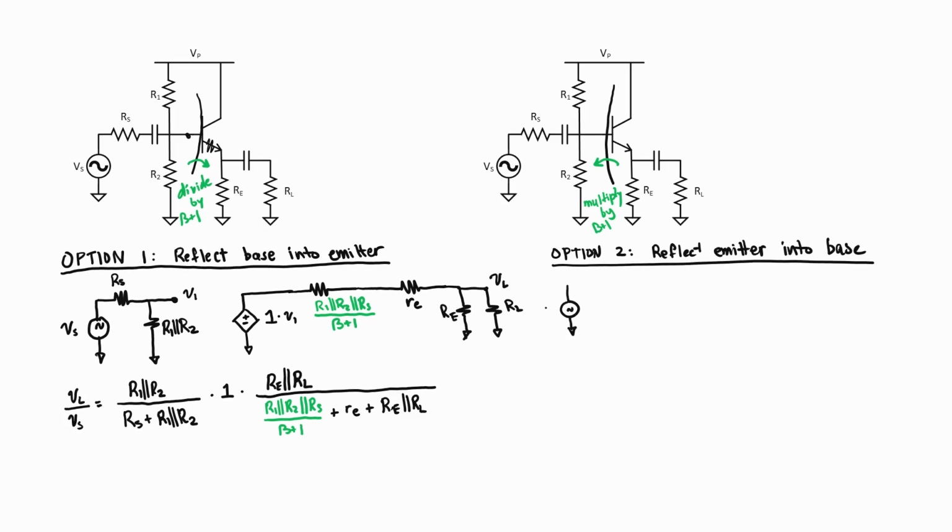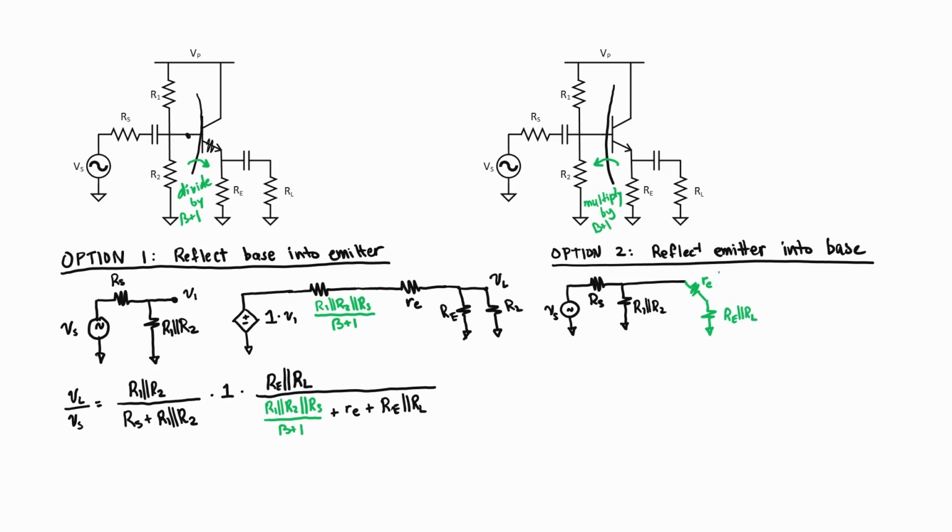In this case, we still have our voltage source V sub S, our source resistance R sub S. We now have R1 in parallel with R2, but we have another branch that goes into the base of a transistor. Looking down into the emitter of the transistor, we have emitter resistance R sub E, and then RE in parallel with RL.